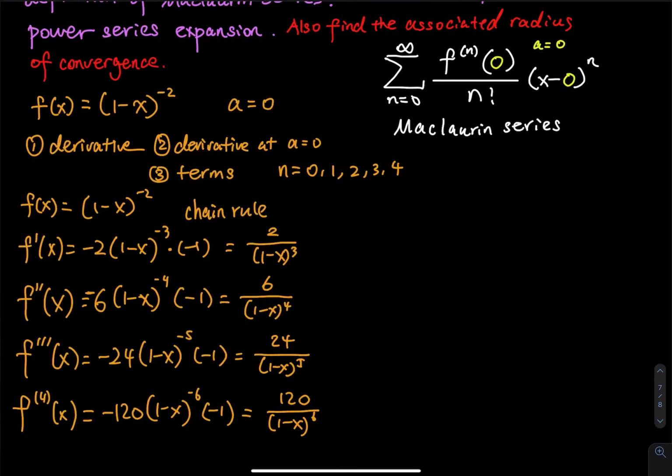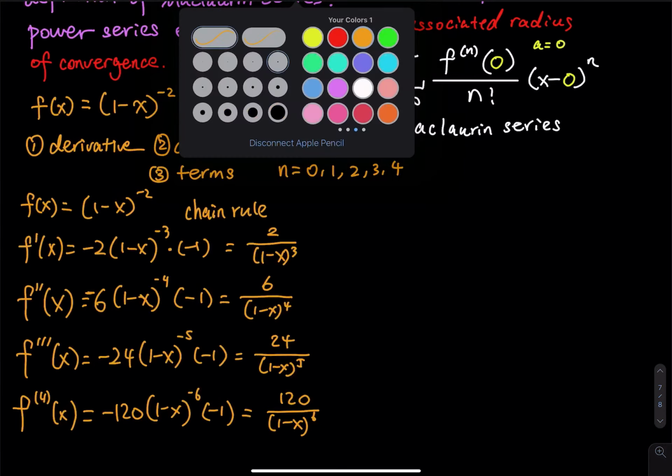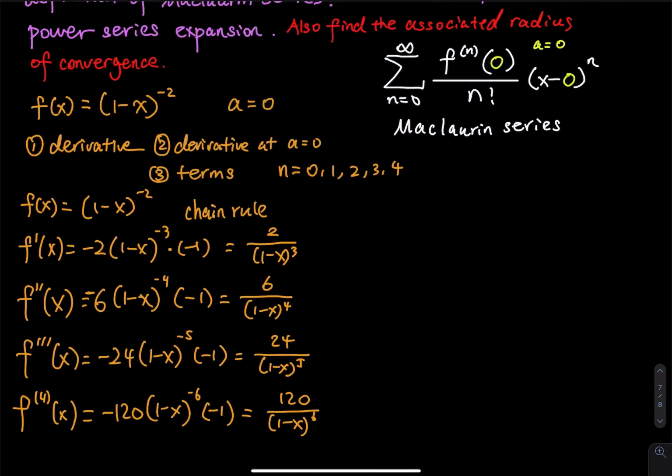Okay, in a Maclaurin series, we let a equal 0, right? That means you let x equal 0. Then you have to find f of 0. Let me change that to another color to give you a better comparison. Let's use a pink. So f of 0 is 1 minus 0 raised to the negative 2, which is just equal to 1.